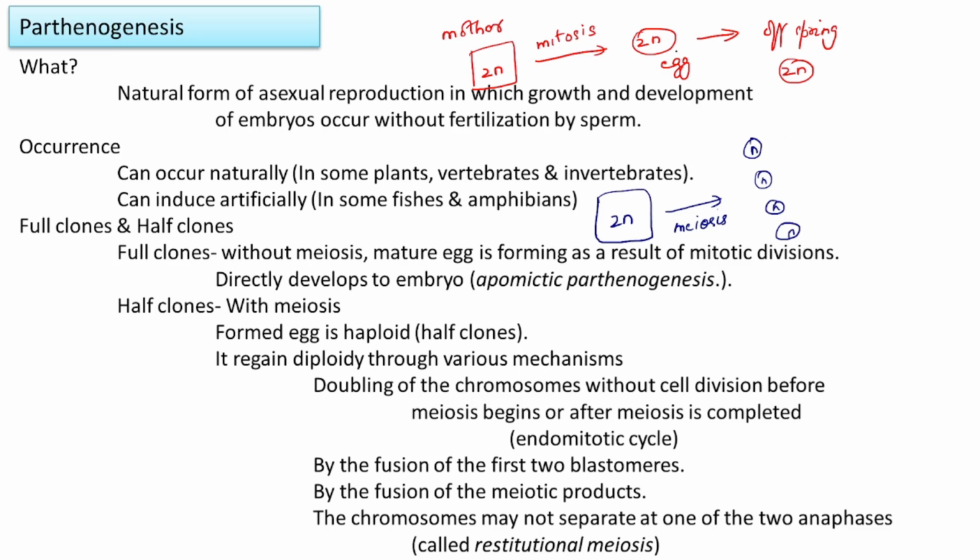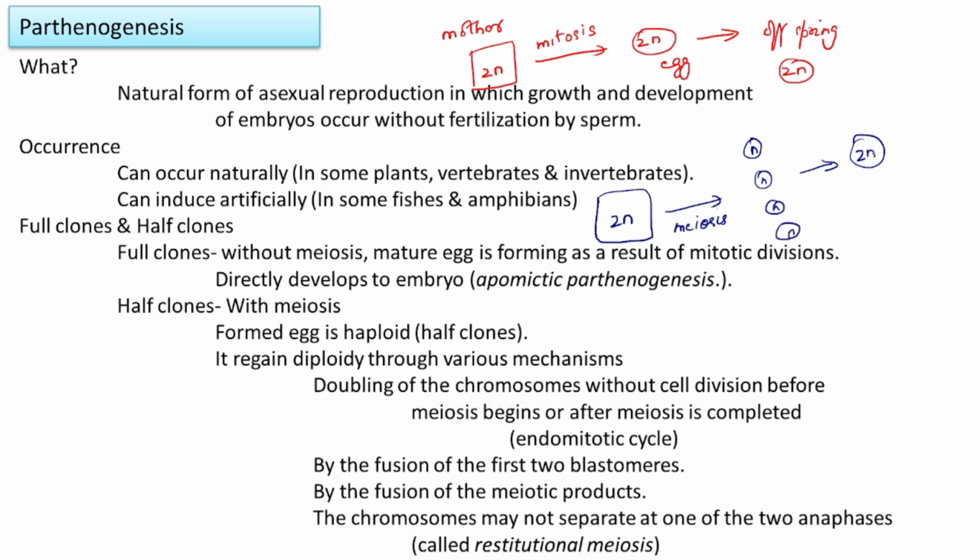But look here, the formed egg is diploid. Okay. So here the egg formed is haploid, and this haploid egg, through some mechanism, attained the diploid state. Through what mechanism, I will explain to you later.